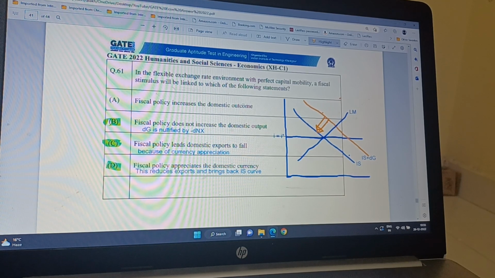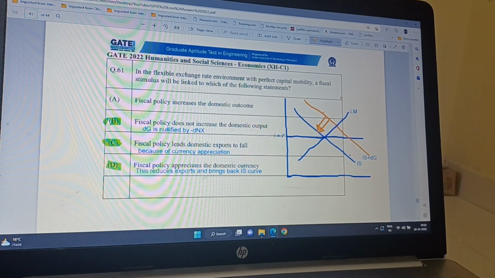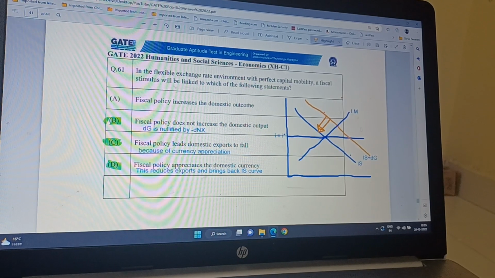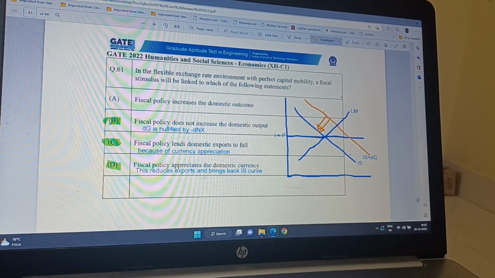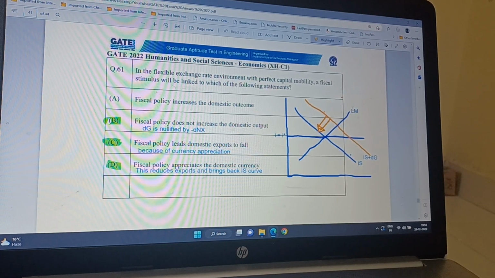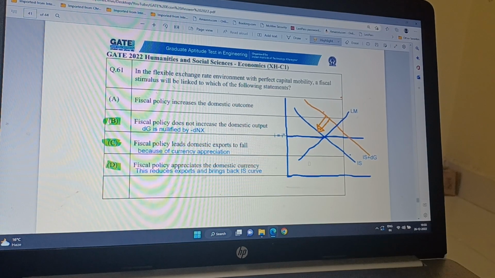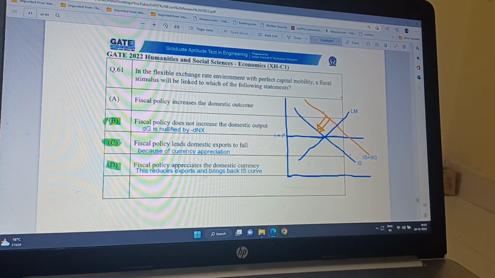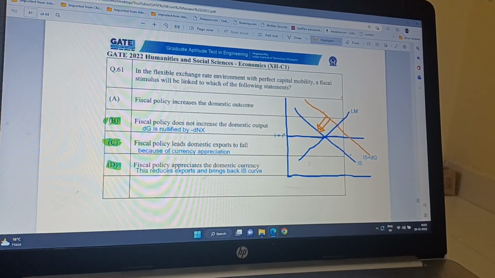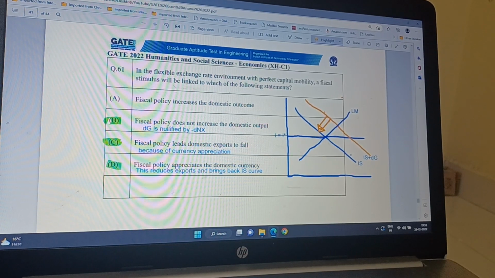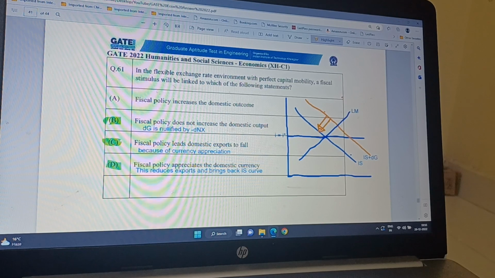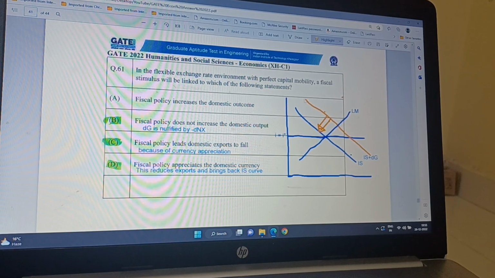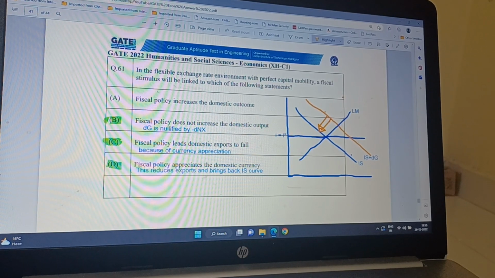So let us study an increase in government expenditure. Say the initial equilibrium is this IS-LM. The IS curve is saving and investment, and LM is the money supply. So when the government spends more, the money supply is fixed, so the interest rate goes up. When the interest rate goes up, this IS curve moves up to the yellow line.